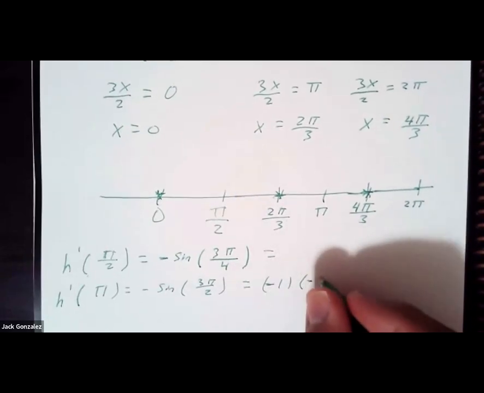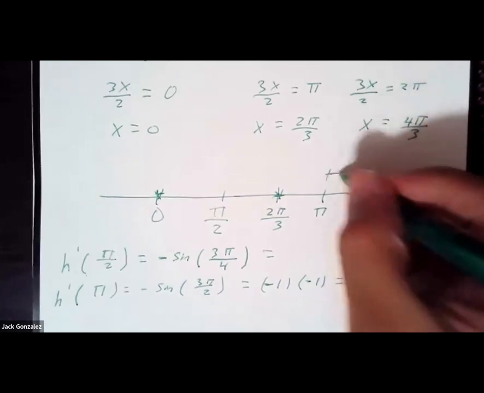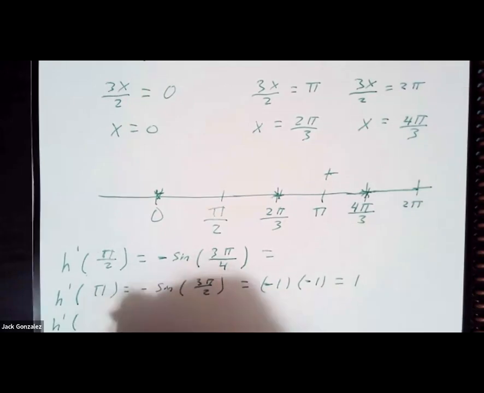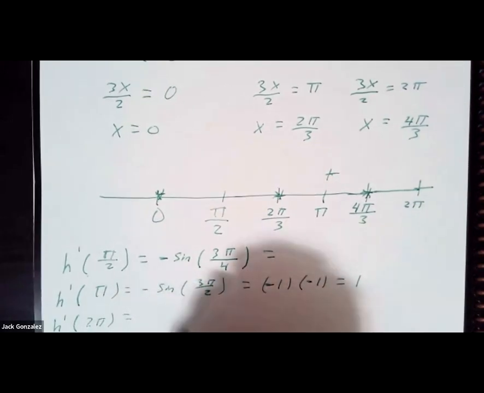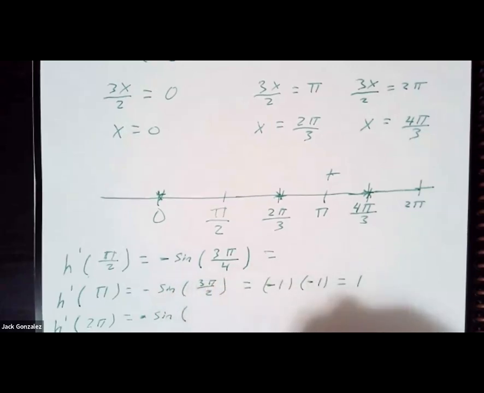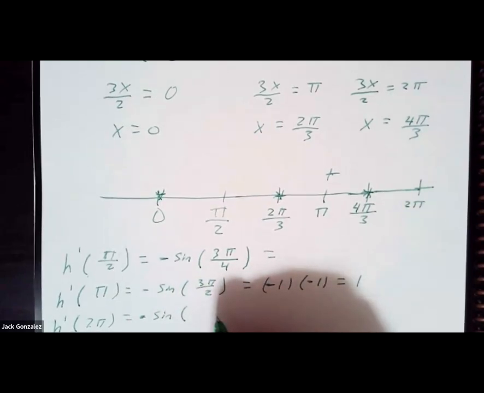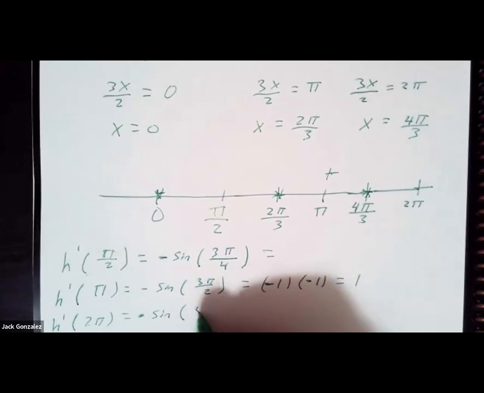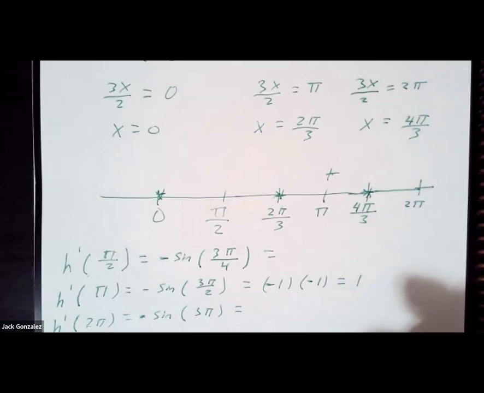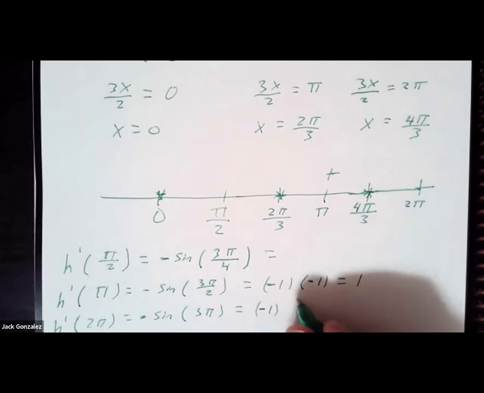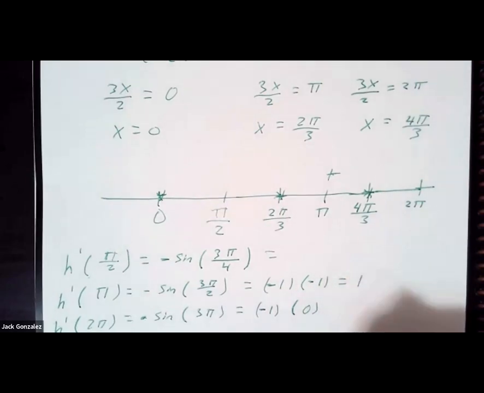I know this one would be -1. So positive at pi. 2 pi would be equal to this, which would be -1 times 0. Pi, 2 pi. Yeah, that's not helpful.